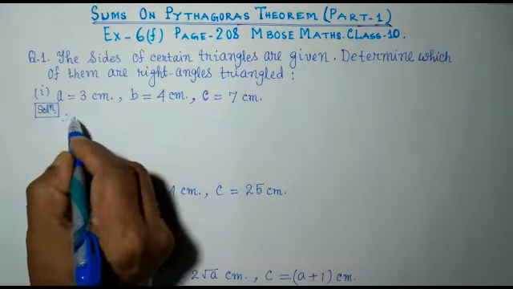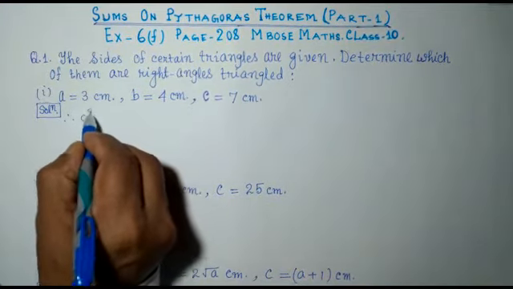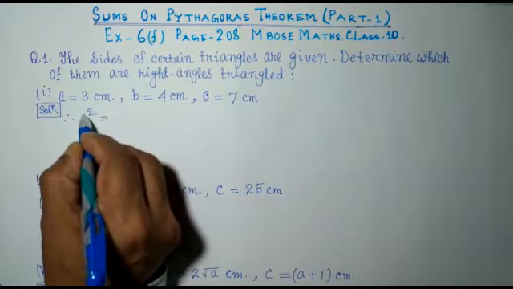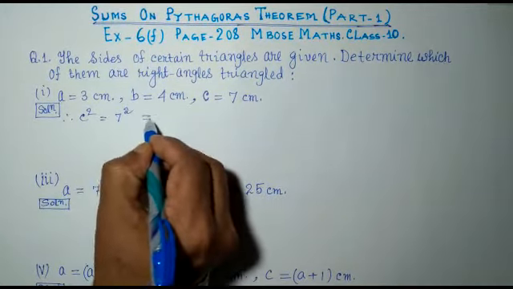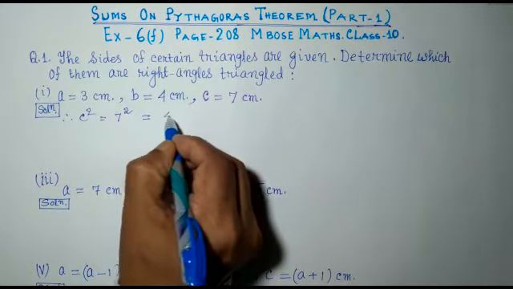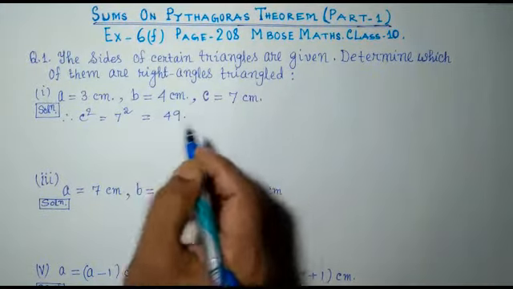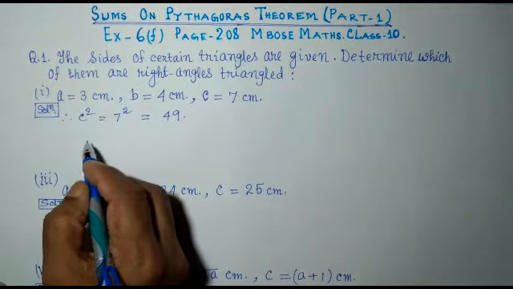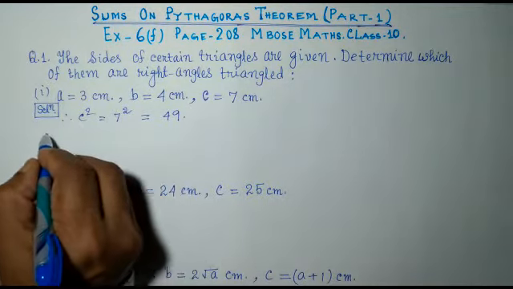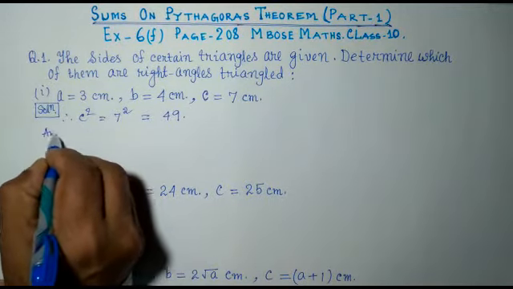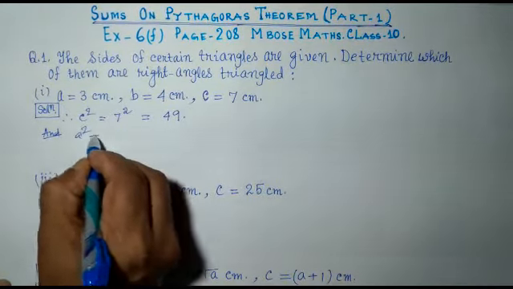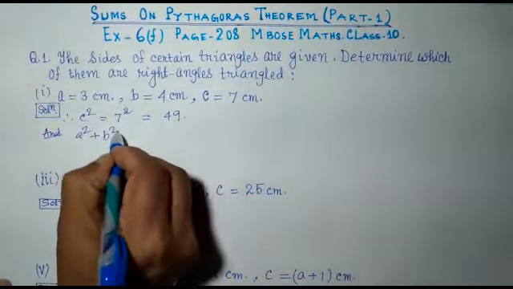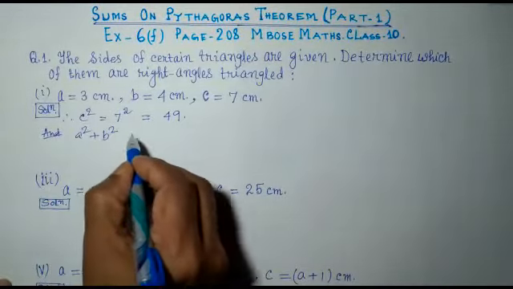So we can write, therefore, C square is equal to 7 square, which is 7 into 7, 49, and we will take the sum of the squares of the other two sides. The other two sides are A and B, so we will take A square plus B square. This is the sum of the squares of the other two sides.